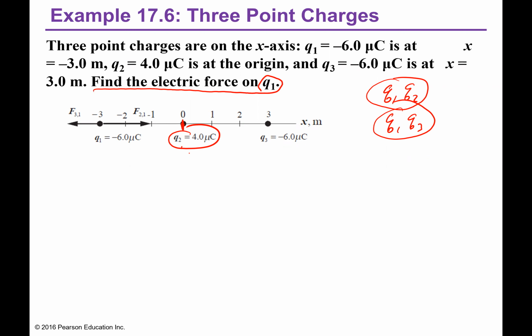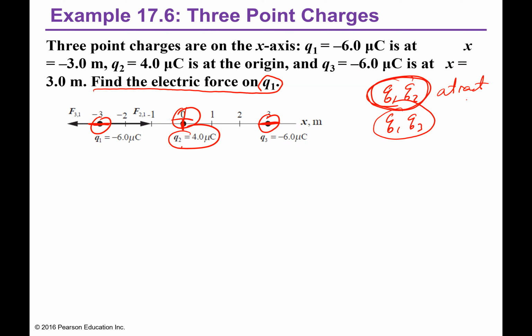Q2 is a positive charge. Q1 is a negative charge. Q3 is also a negative charge. When Q1 and Q2 interact, because they have opposite charges, they attract each other.